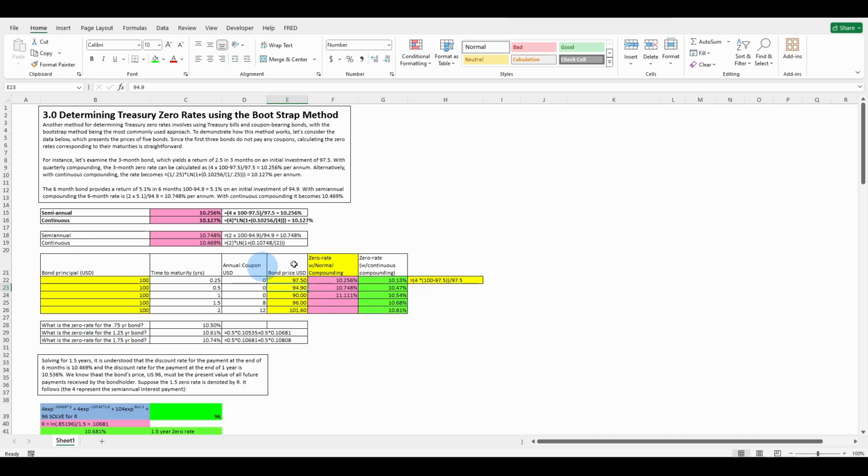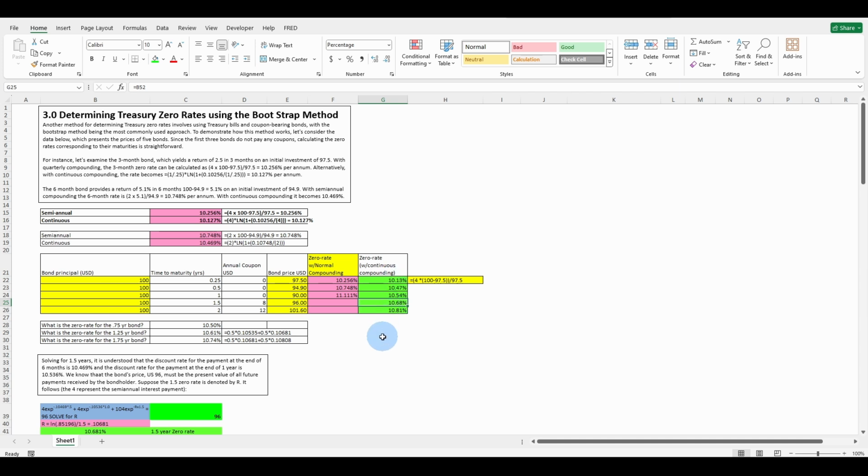We know we'd have to figure out the price. Then we could use this zero, and we'd come up with this. We can use continuous or normal, so you can see the difference. And then you're going to see 11.111. We don't have a zero with normal compounding. We have to use continuous compounding, and it's going to equal B52.